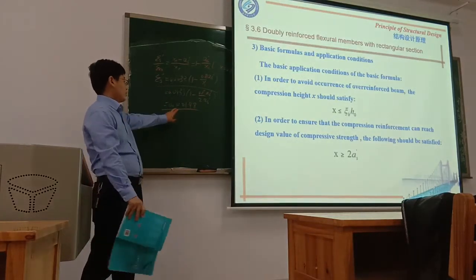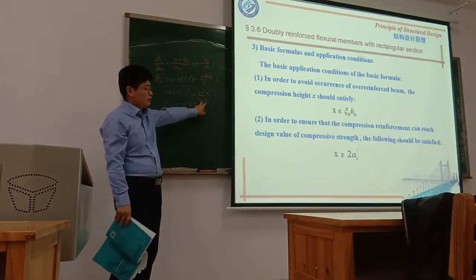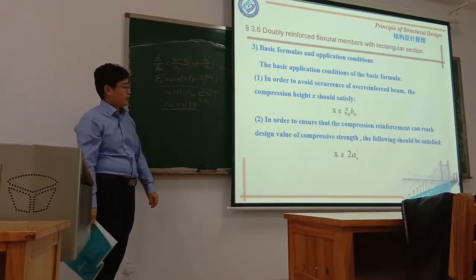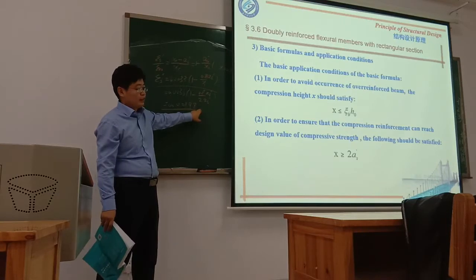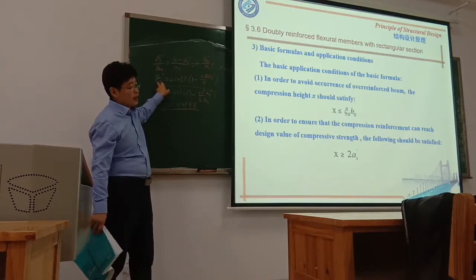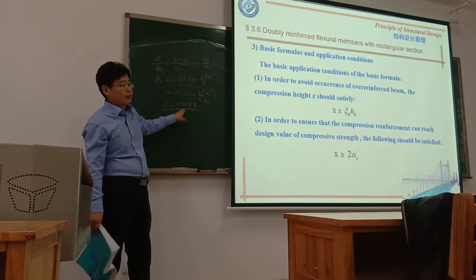So that's the reason why we say X should be larger than 2 times AS prime. Once X is larger than this, then the epsilon S prime will be larger than this one.